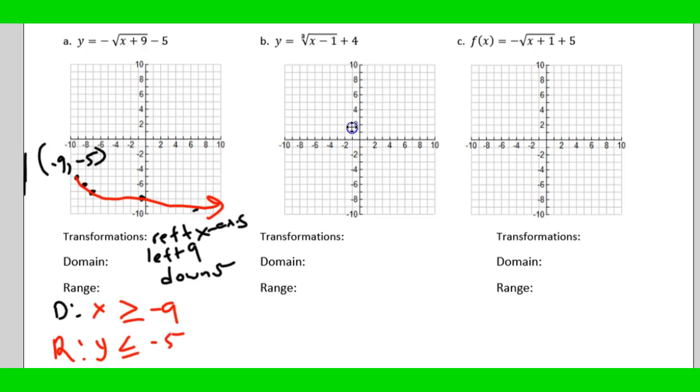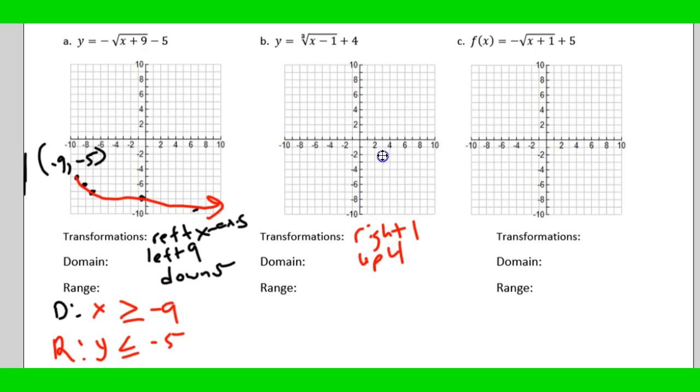For this problem right here, let's see here. Transformation. We have right 1, and then that 4 tells us up 4. Now, let me plot a couple points. You can do this too. All right.